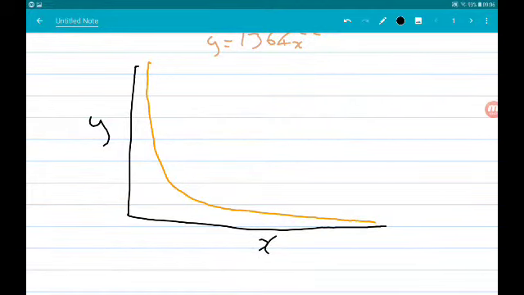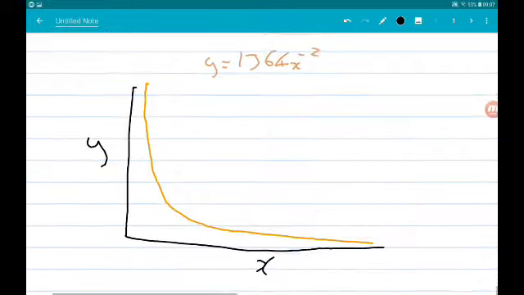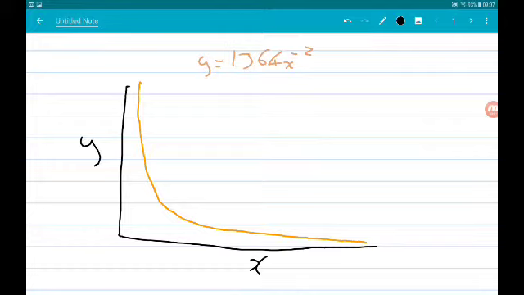So, y equals 1,364 over x squared is never going to be equal to 0, so it's never going to touch the x-axis, and it's also never going to touch the y-axis. So the axes are asymptotes. So that's a fine sketch.